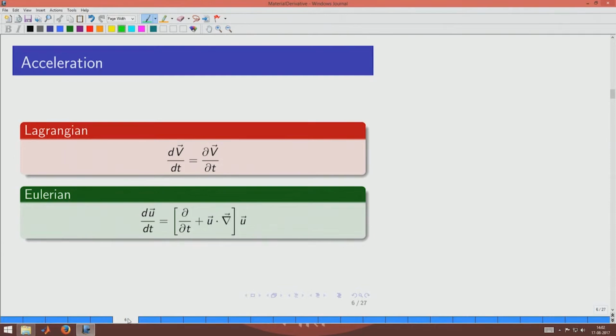In the case of Lagrangian, it is always specified at the center of mass of the particle, so you directly differentiate with respect to time, and that is what it is. Whereas, in the case of Eulerian specification, you are defining at a spatial location, and because the particle is moving as a function of time, you have the additional term that is coming here, and therefore, you have this as the operator to give you the acceleration.